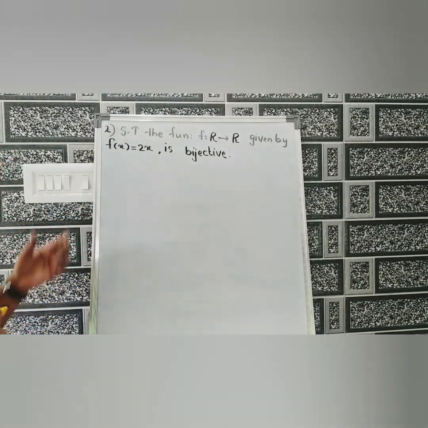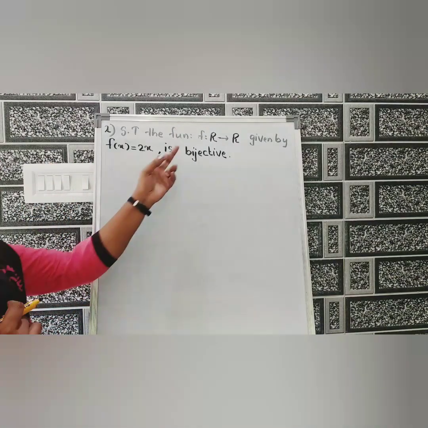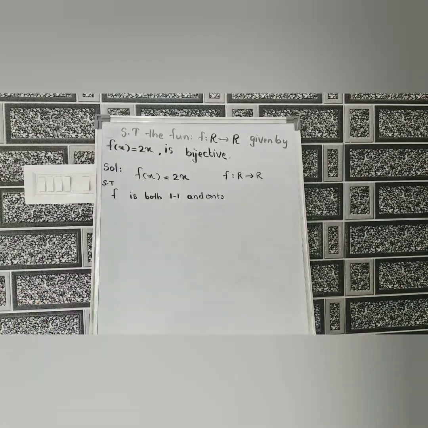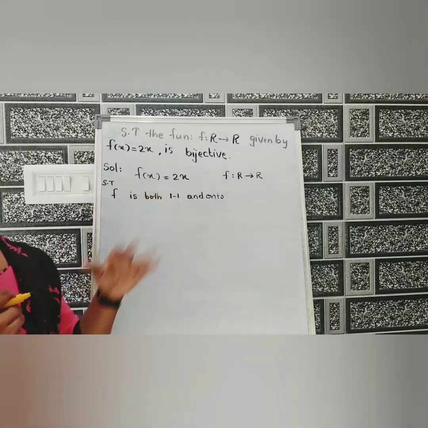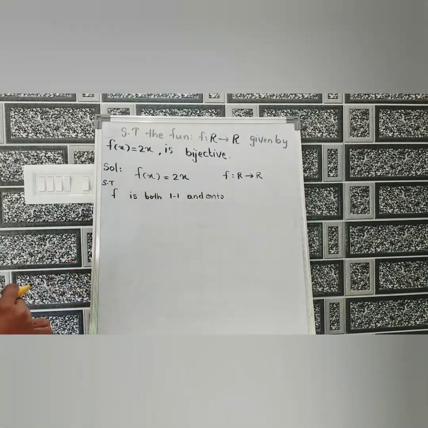The function is from R to R. For that, we want to show that f is both 1-1 and onto, since a bijective function is both 1-1 and onto.